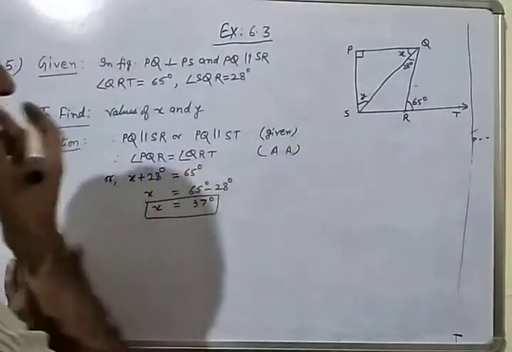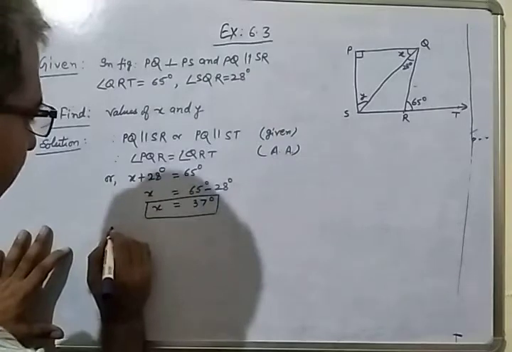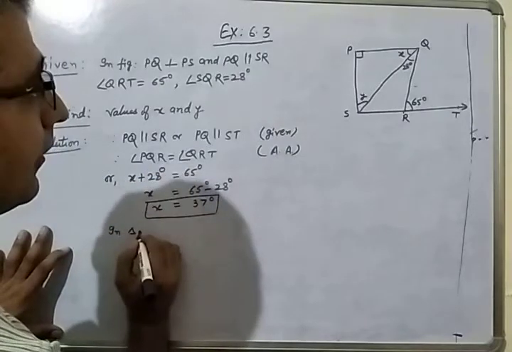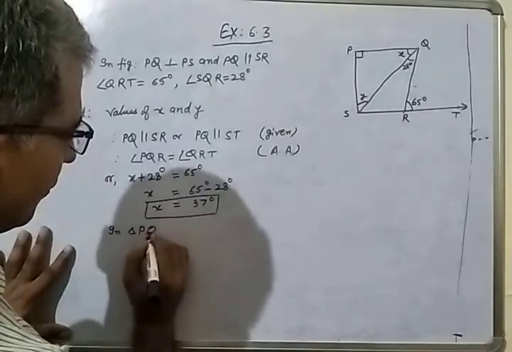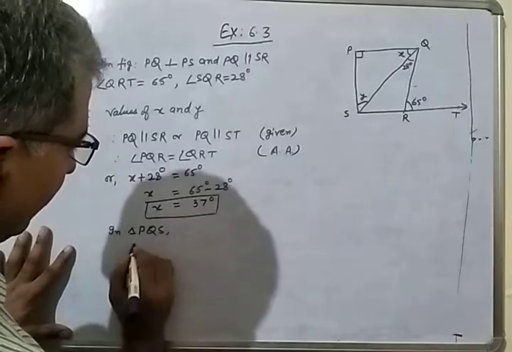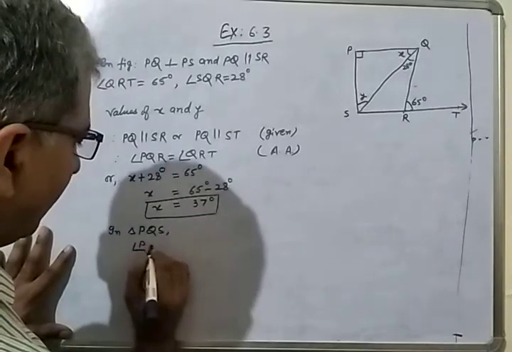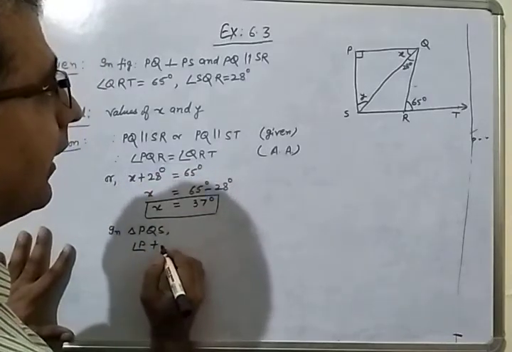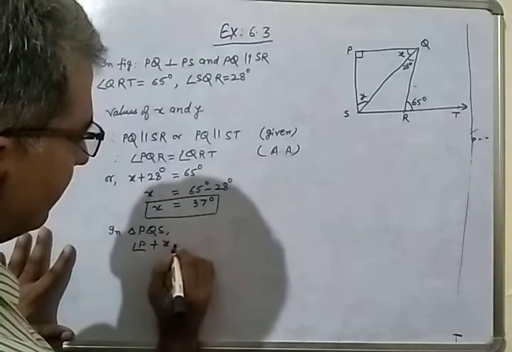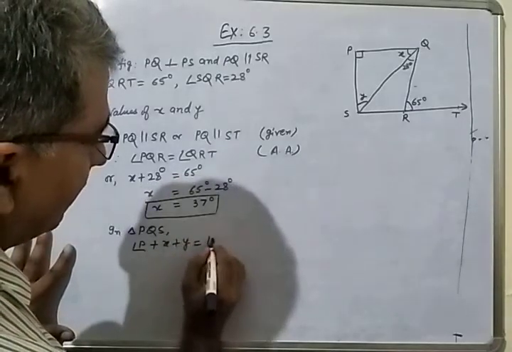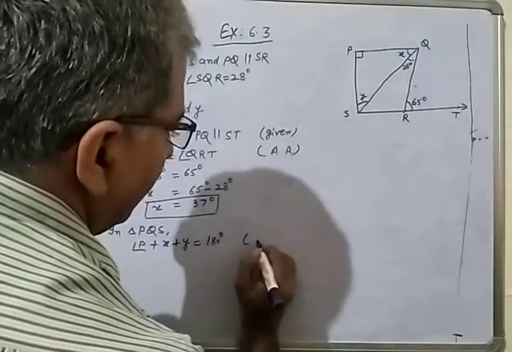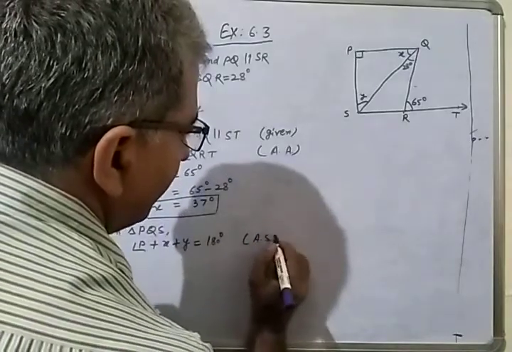Now in triangle PQS, angle P plus angle X plus angle Y equals 180 degrees by the angle sum property.